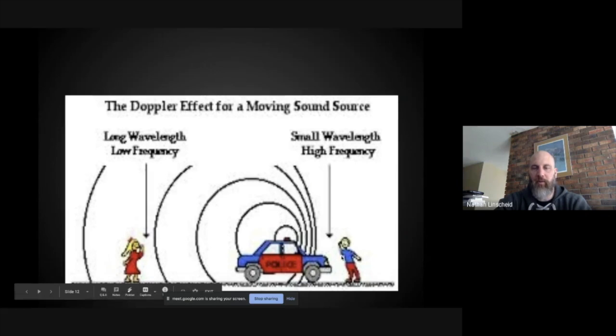Whereas a person who's waiting for the car to arrive or go by them, not only are the waves coming out at a certain speed, but the car is moving at a certain speed, and that compresses them, and so that person hears a higher pitch sound.